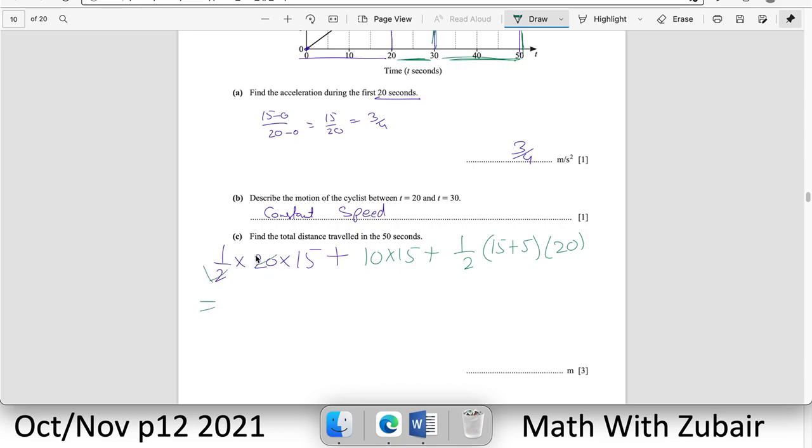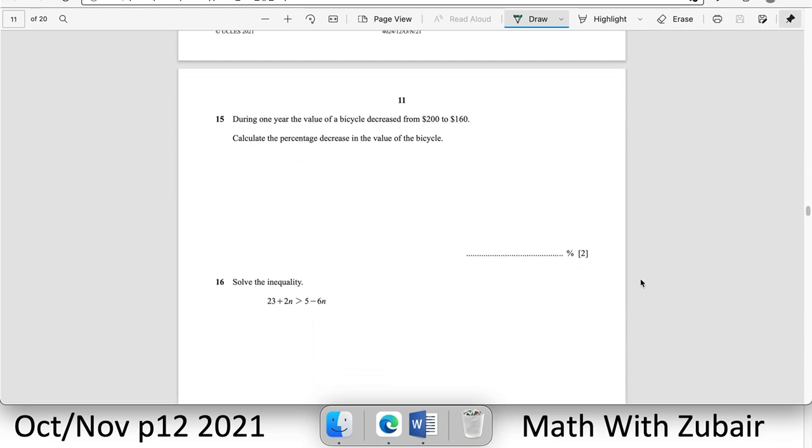Simplifying this: 1 by 2 times 10 times 10 into 15 is 150, 10 into 15 again is 150, 1 by 2 times 10 times 15 plus 5 is 20 into 10, 200. So you get your final answer. It traveled a distance of 500 meters.